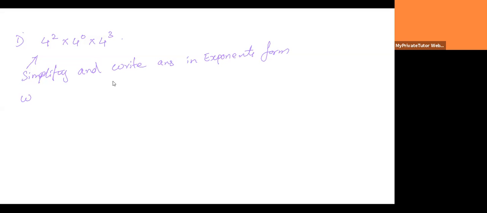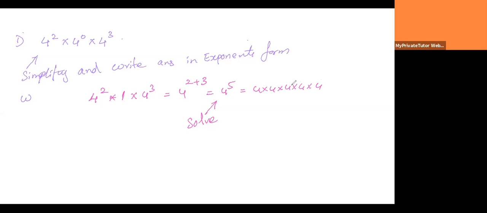Okay, so how to solve this question? 4 square times 4 power 0, and what is anything power 0? It is 1, right? Times 4 cube. So then you can say 4 power 2 plus 3, which is 4 power 5. You can just leave it as it is if it says simplify. If they ask you to solve this question, then you need to multiply this 5 times.